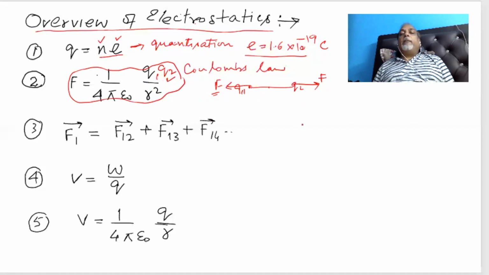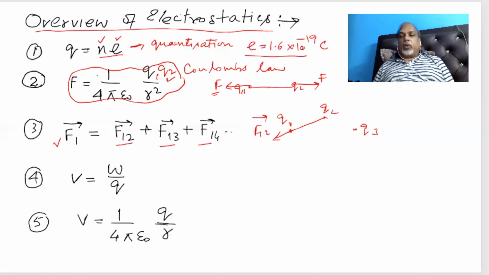And if a number of charges are there, suppose this is Q1, Q2, Q3 like this. Then F1 is nothing but the vectorial sum of these forces. If you want to find out the force on Q1, then due to Q2 it will be like this, this will be F12.